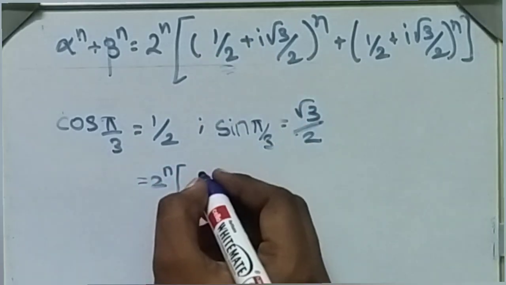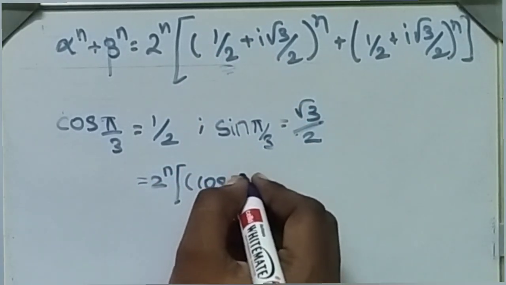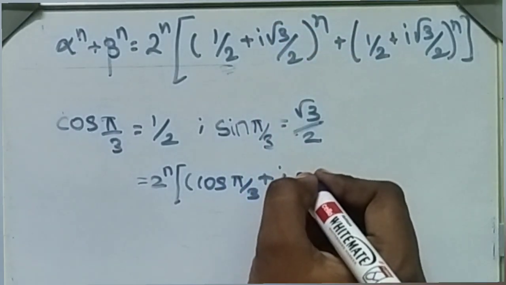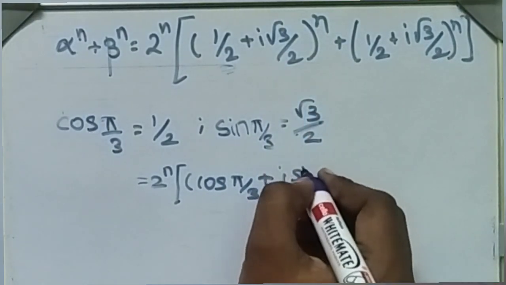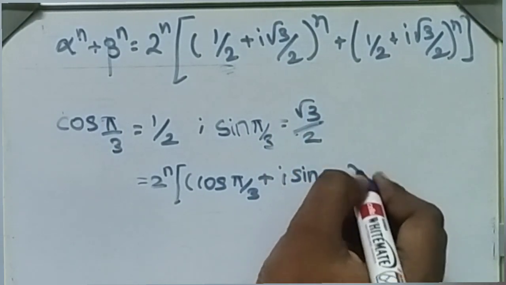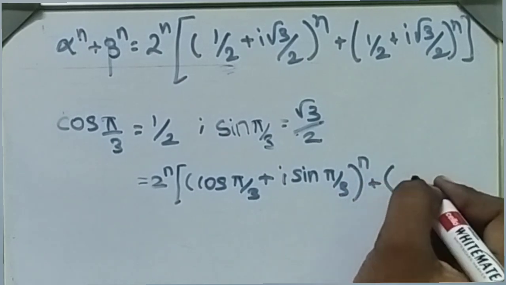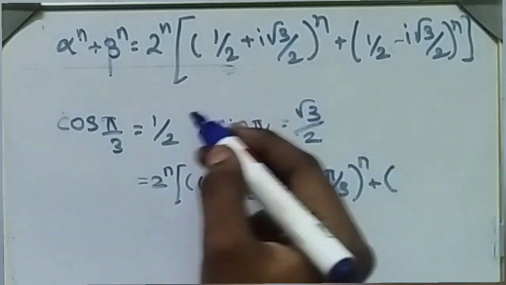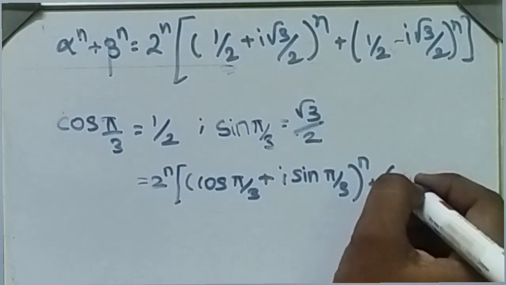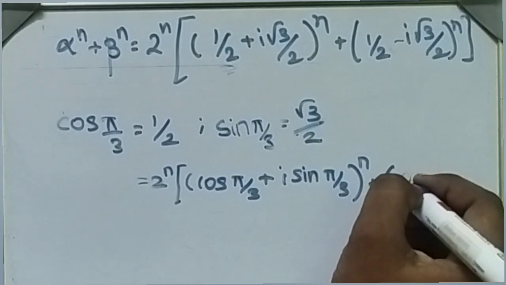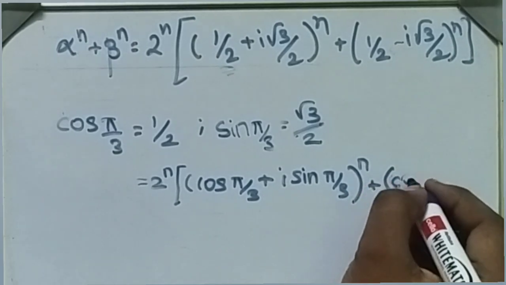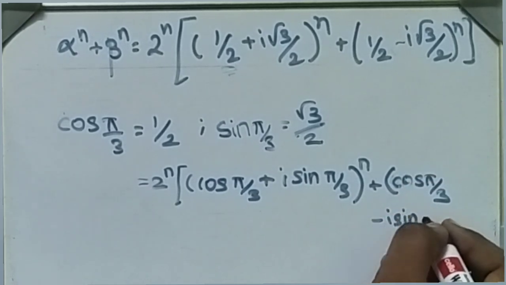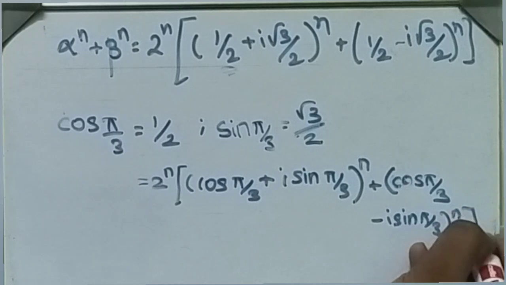In place of 1 by 2 we have cos pi by 3 plus i, in place of root 3 by 2 we are going to replace sin pi by 3, power n, plus, similarly, 1 by 2 will be cos pi by 3 minus i sin pi by 3, power n.